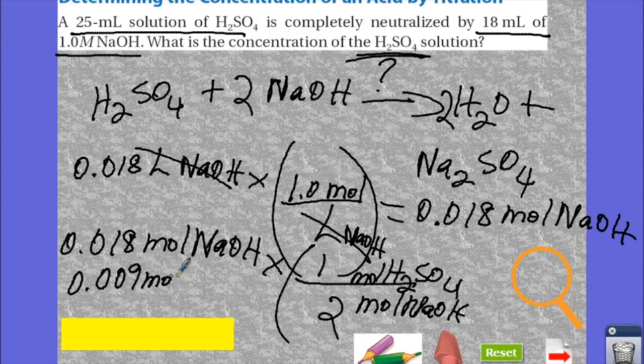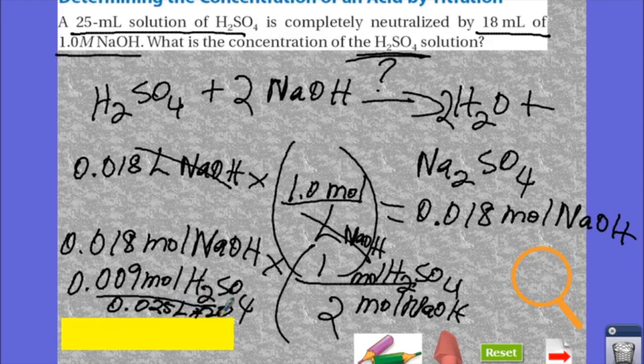And the answer is 0.009 moles of H2SO4. But we are not done. They ask for what? Concentration, molarity. So you need to take that moles and divide it by the liter.